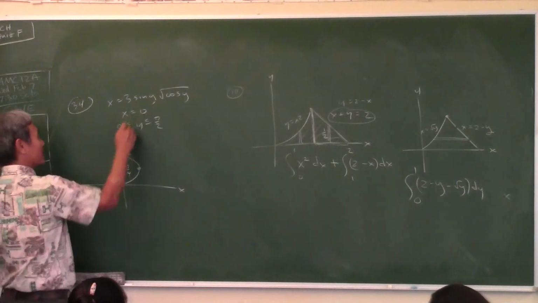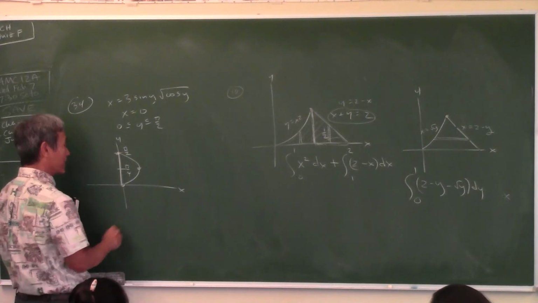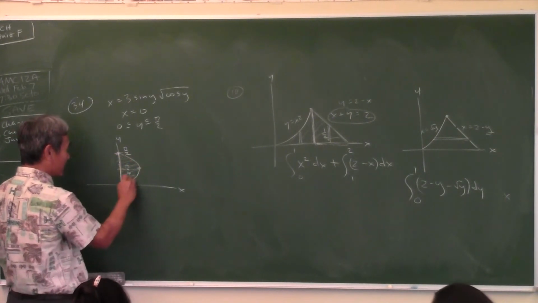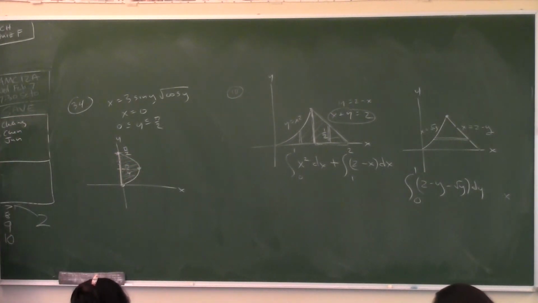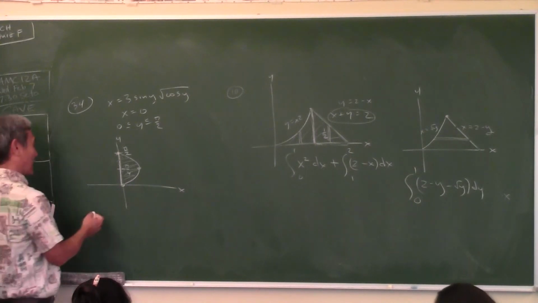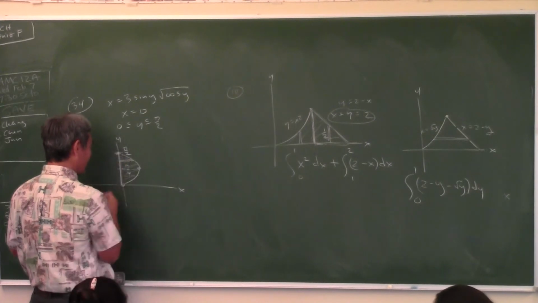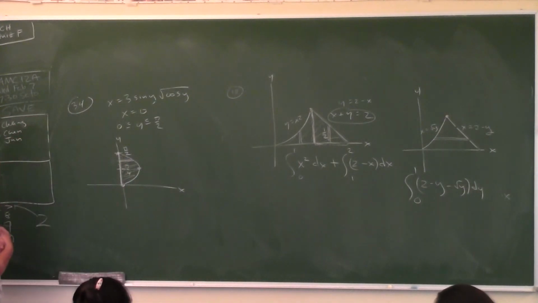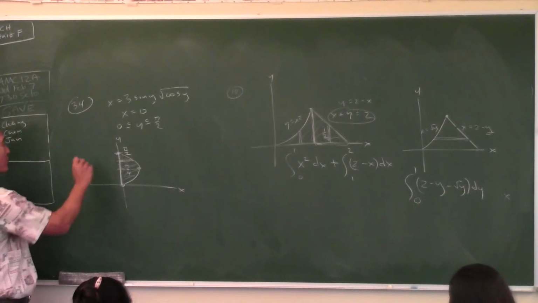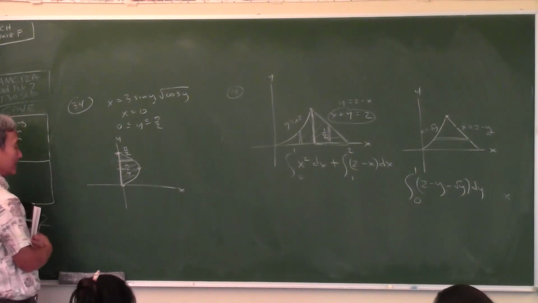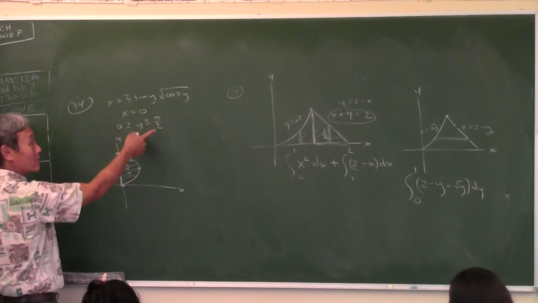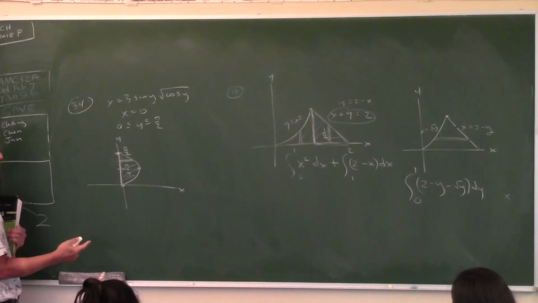And then x equals 0 is this vertical line here. So this is the area in question. We want to find the area of that hump right there. I'm not going to do the whole integral, I'm just going to set it up for you now. So, make the rectangle. What's the length of the rectangle? How come I drew the rectangle horizontally? Because look, they gave the equation as x equals, that's the biggest hint.